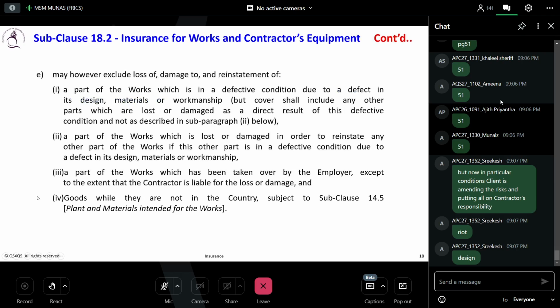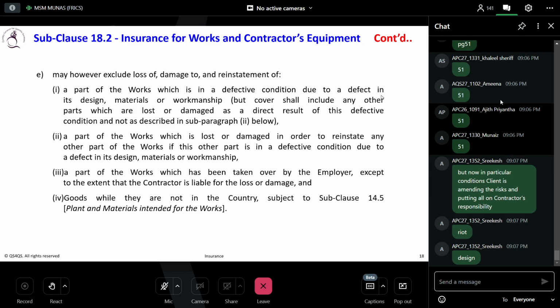Now E may, however, exclude loss or damage. Now it's kind of an exclusion. May exclude loss or damage. Now you know what the exclusion is? 17.3 is the exclusion from the insurance policy. Don't cover. Further, it says, okay, and reinstatement. So exclude loss or damage or reinstatement. Let's say a part of the works. What did it say?